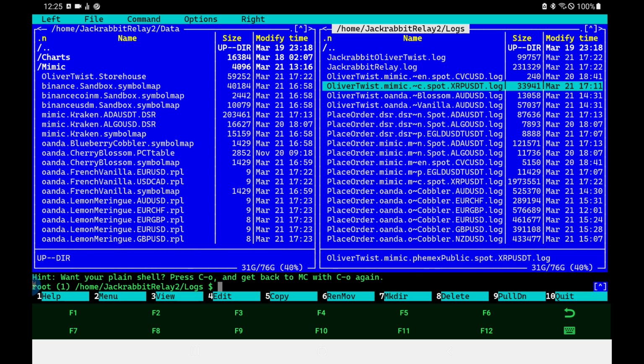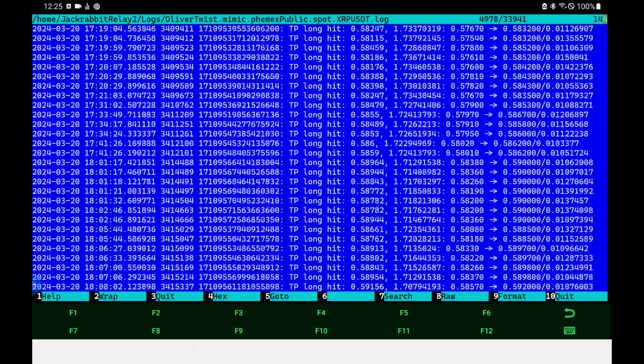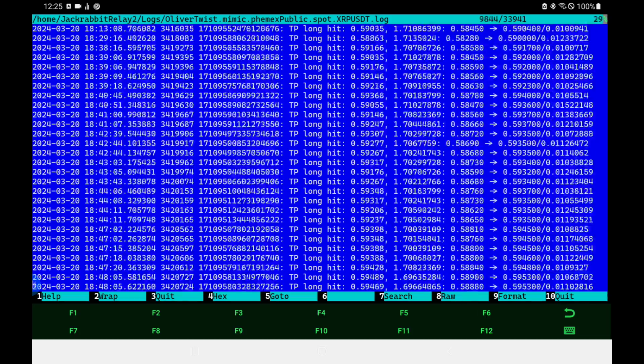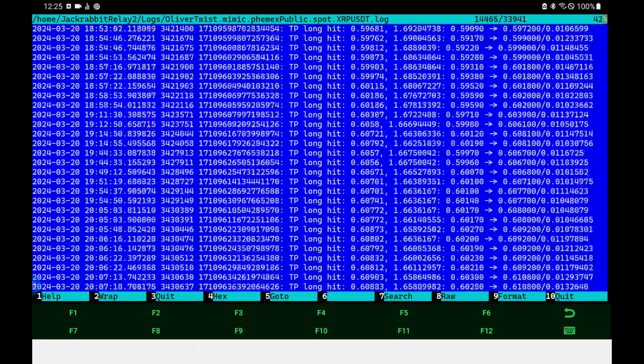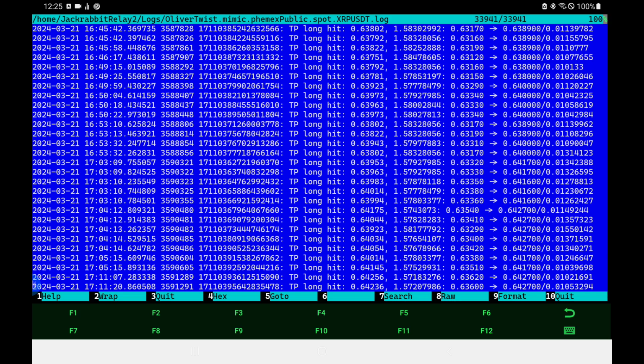For example, here is XRP, and again, meaningful real-world data you can use to build a real trading system that does have the potential to make real money. And you can see that this one has done quite a few trades. But it's allowed me to also do some very stupid stuff.